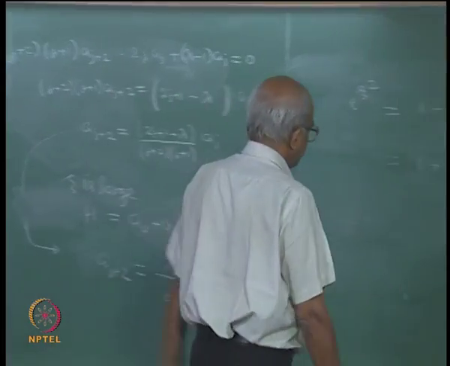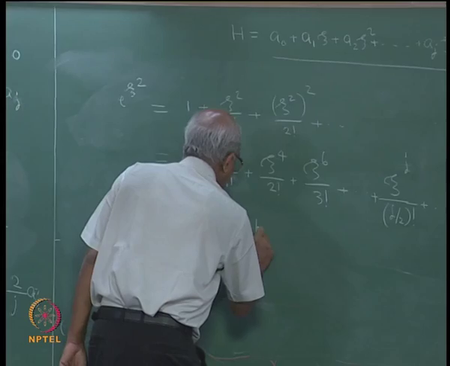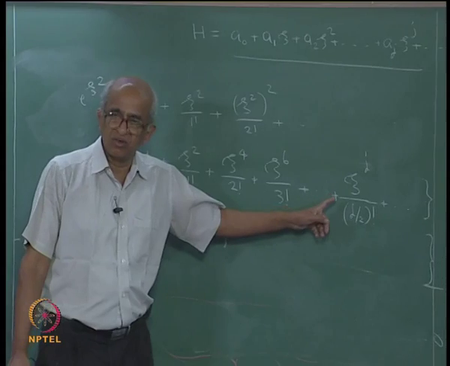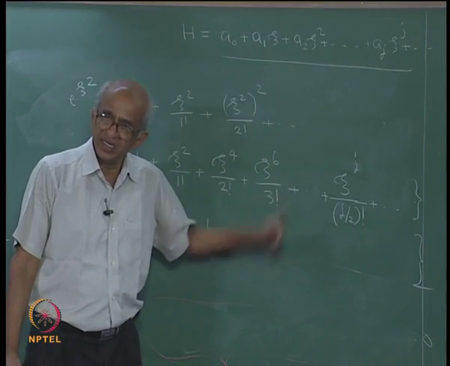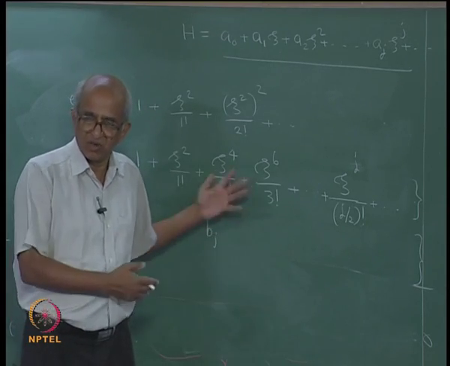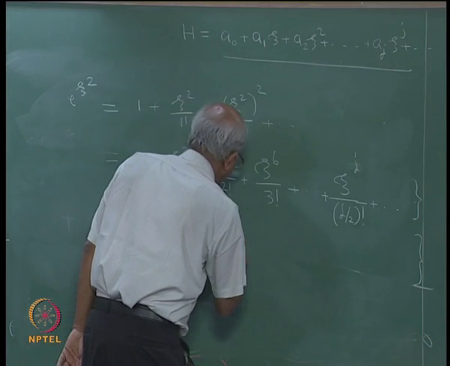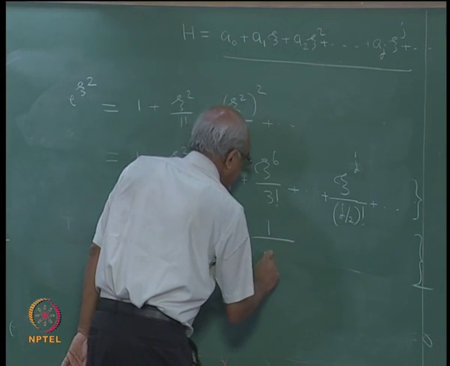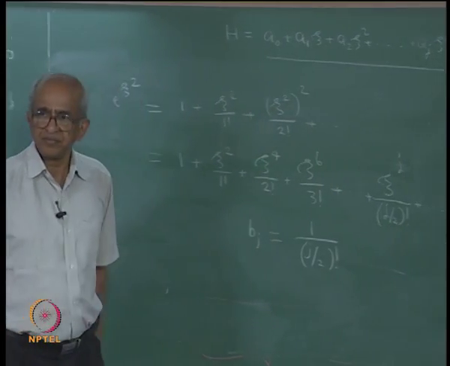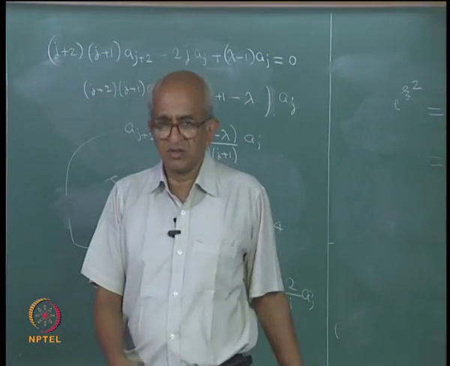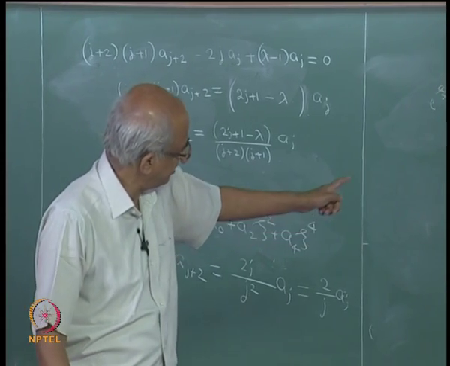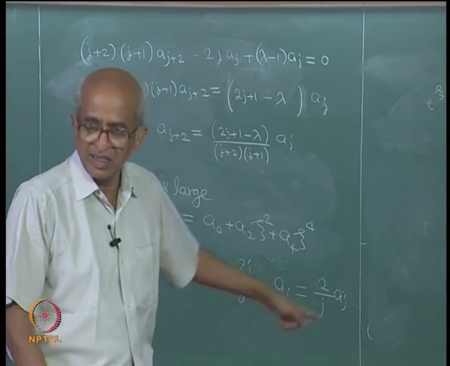So, for this series, the coefficient of c to the power of j I will denote by bj, for notation purpose. So, what is bj? It is going to be 1 by (j by 2) factorial. The coefficient of c to the power of j for this series is bj, and it is equal to 1 by (j by 2) factorial.